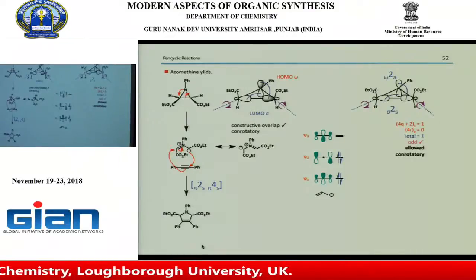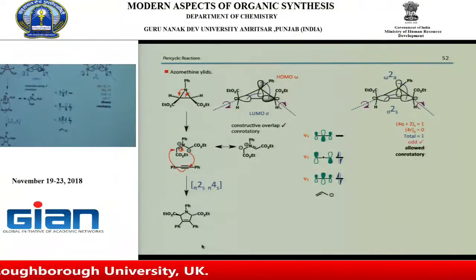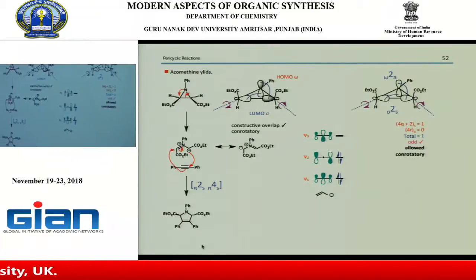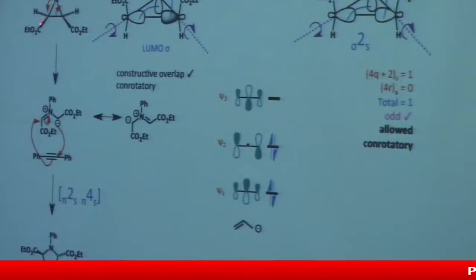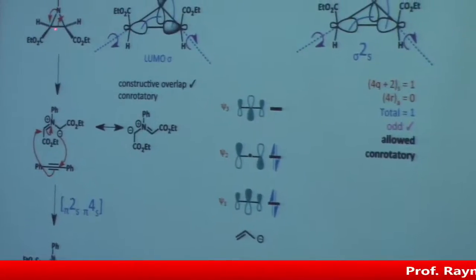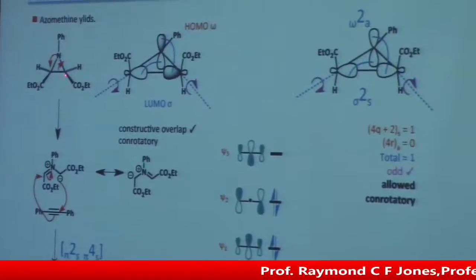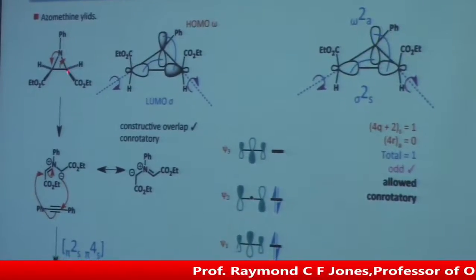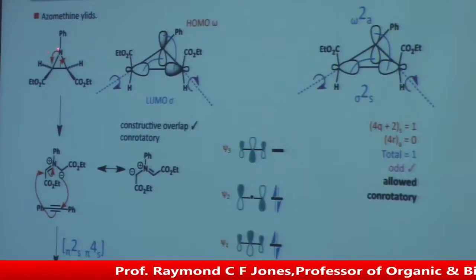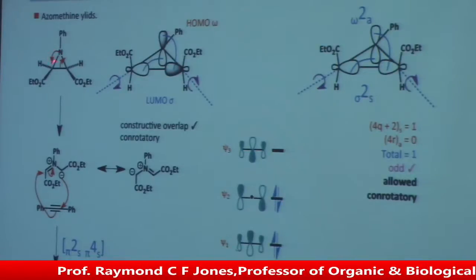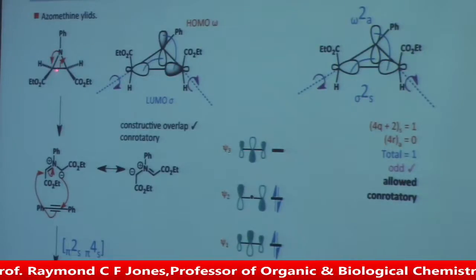I'll say a bit more about other methods of making azomethine ylides, but one way of doing it is ring opening, and this is another pericyclic reaction. It's an electrocyclic reaction. We'll say more detail about that in, I think, the next session.